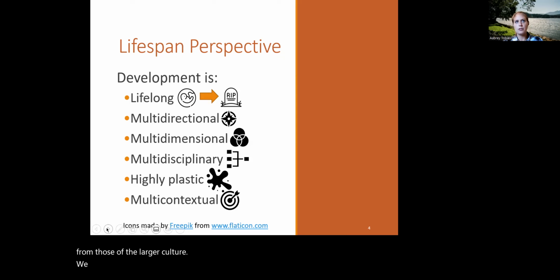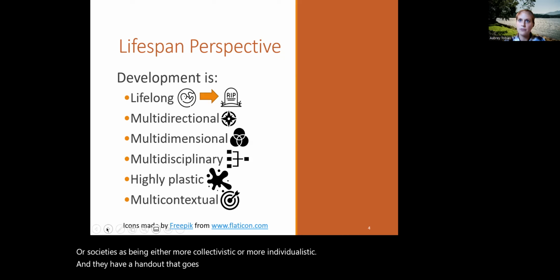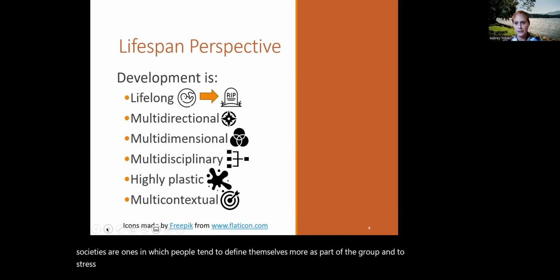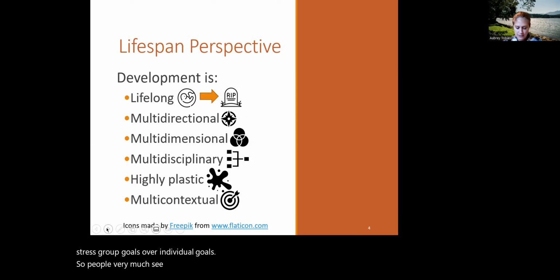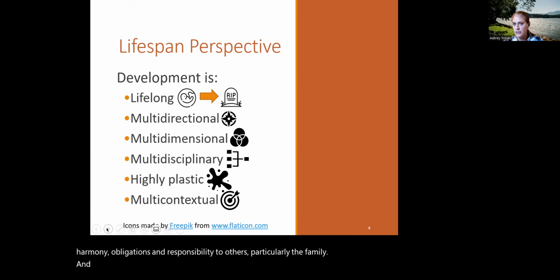We can generally differentiate cultures or societies as being either more collectivistic or more individualistic. And we have a handout that goes into several examples comparing the two. Collectivistic societies are ones in which people tend to define themselves more as part of a group and to stress group goals over individual goals. So people very much see themselves as interdependent. The culture tends to stress social harmony, obligations and responsibility to others, particularly the family, and to encourage collaborative endeavors.